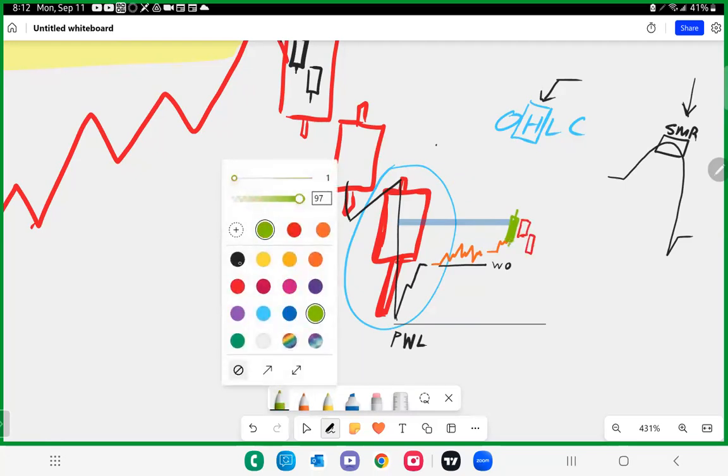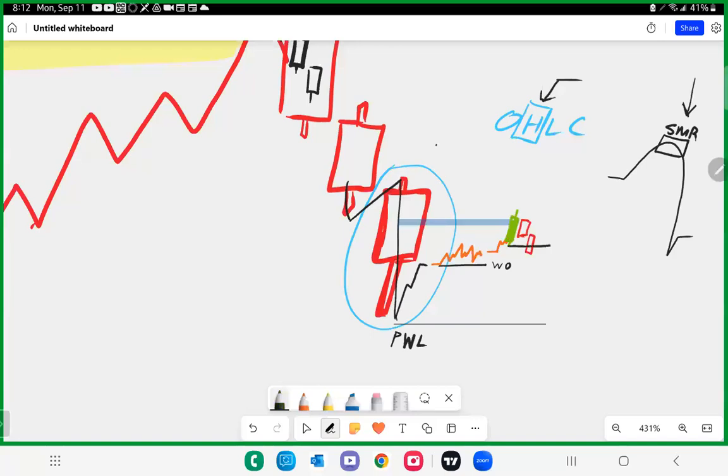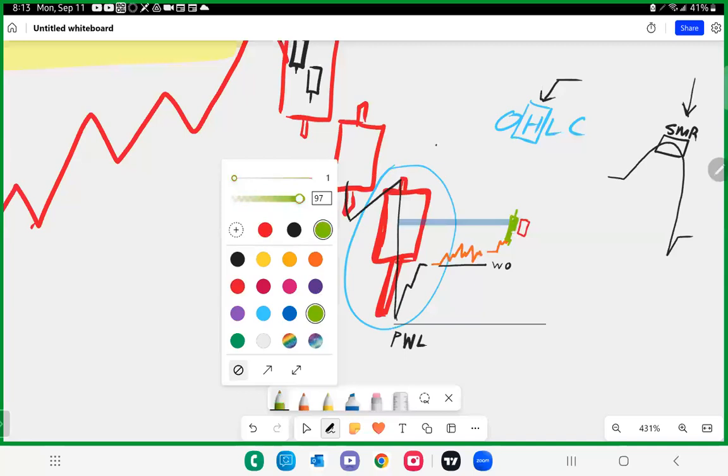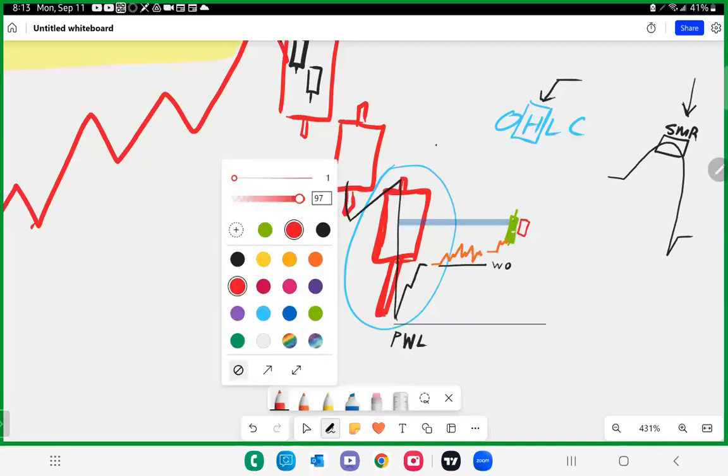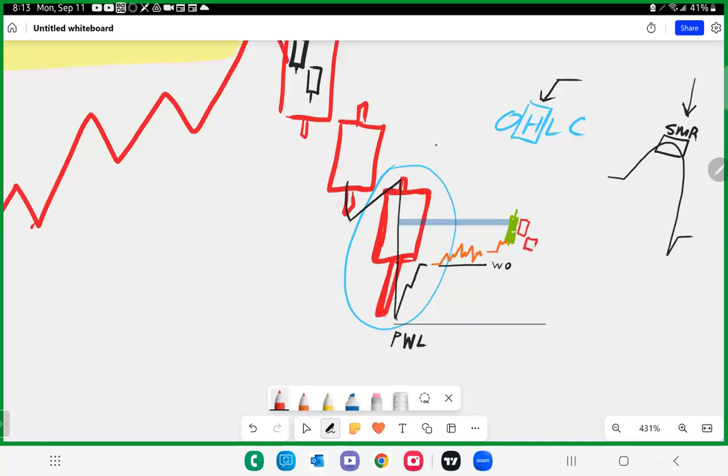All right, so price just moved through this candle's low. Then we're gonna just redraw this. All right. So that's the change in state.